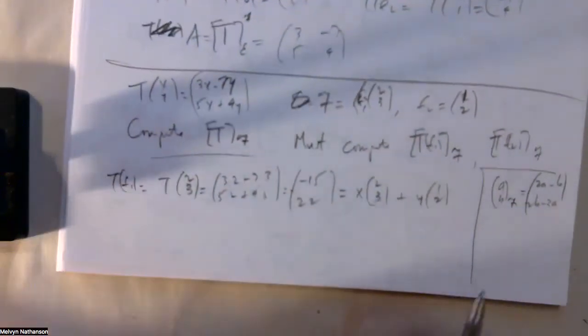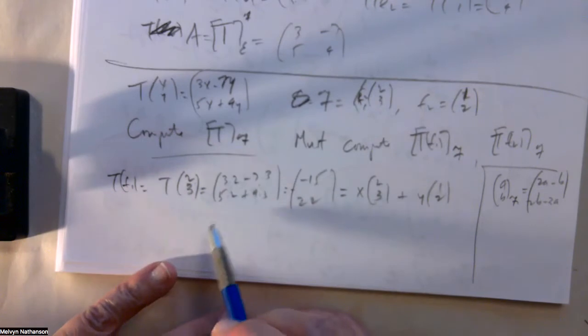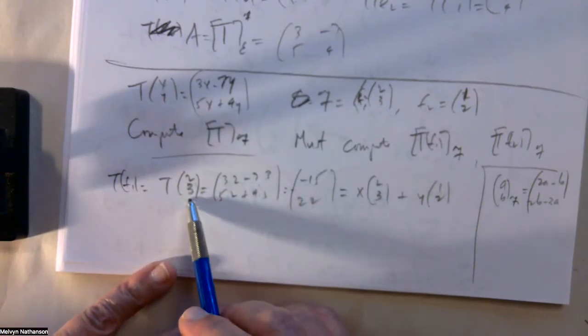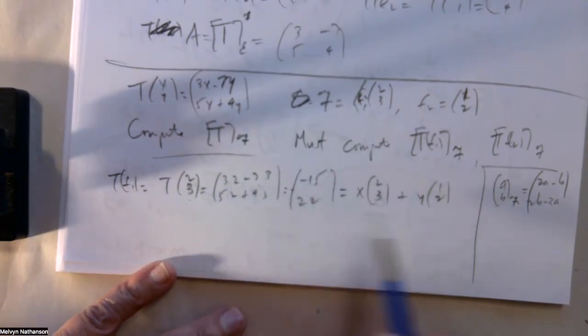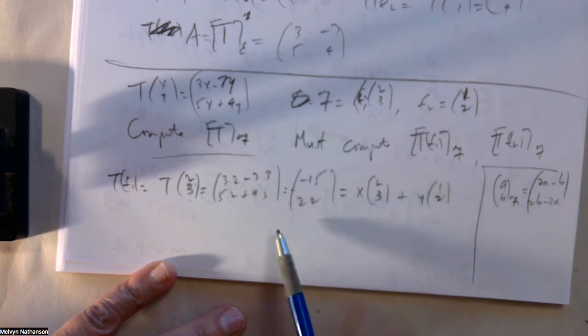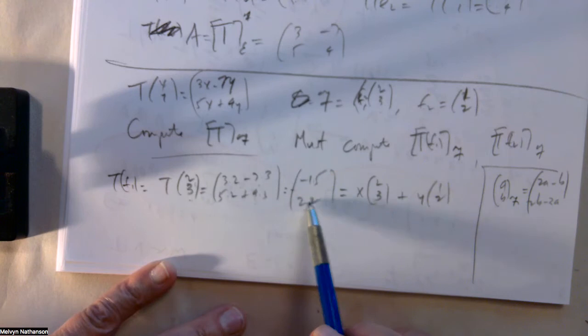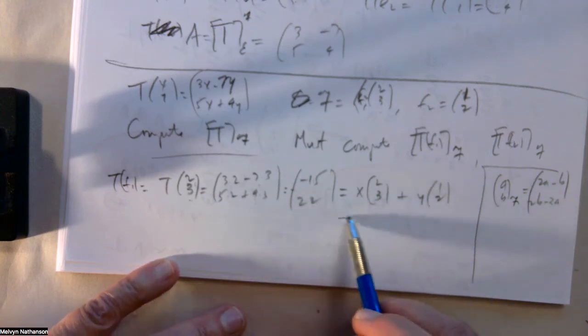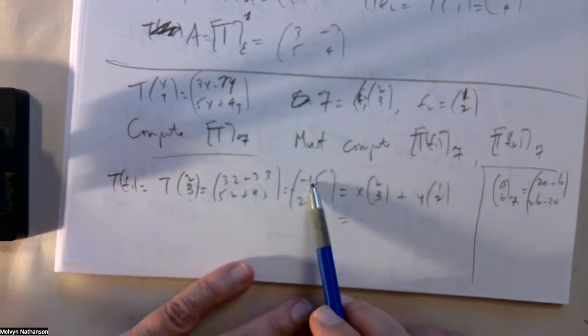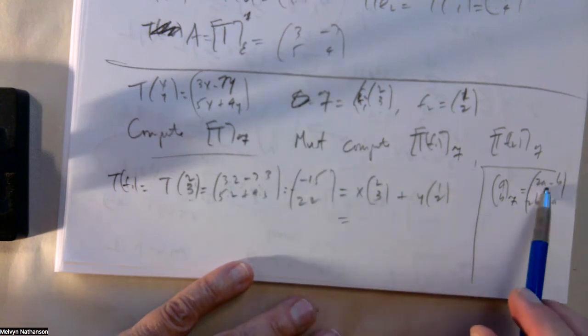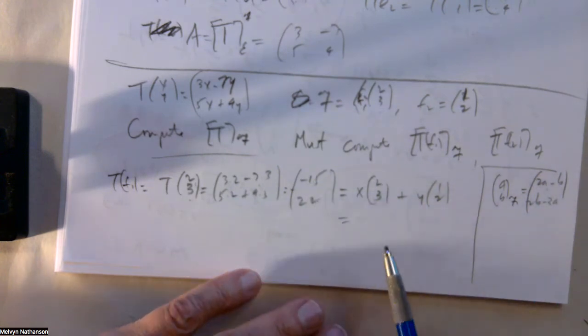So the coordinate vector of T of (2, 3) with respect to the basis is minus 15, 22. So a is minus 15, and b is 22.